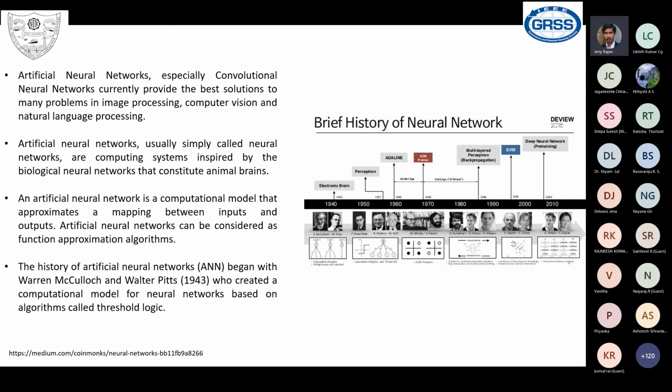So these artificial neural networks or convolutional neural networks are built with the help of artificial neurons. The artificial neuron is basically inspired by the working of a biological neuron. In the coming slides, we will see the similarities between an artificial neuron and a biological neuron.